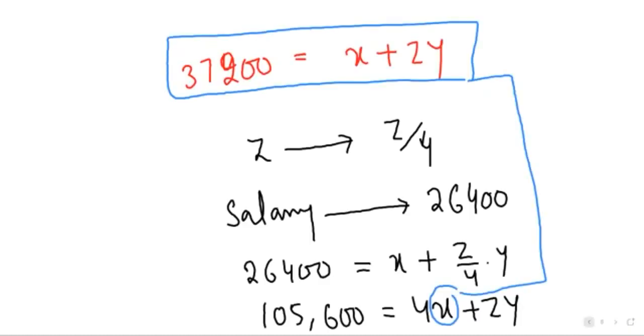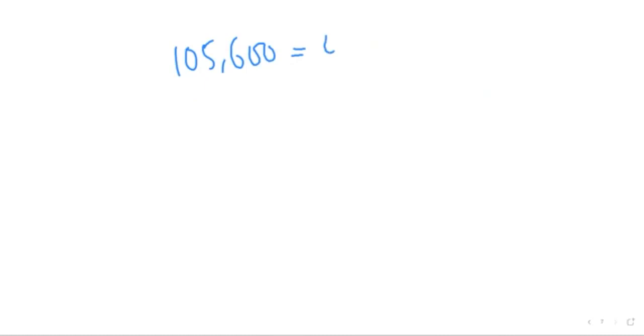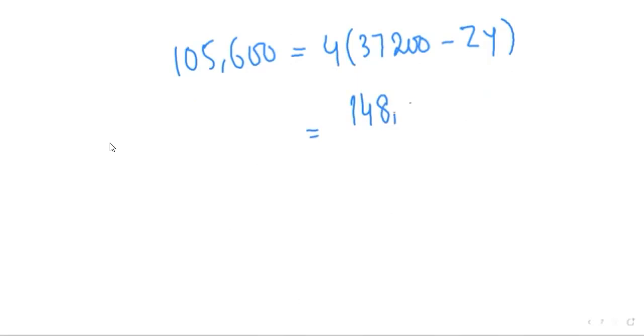105,600 is equal to 4 times 37,200, so 37 times 4, I have calculated earlier, would be 148,800 minus 4zy equals 105,600.